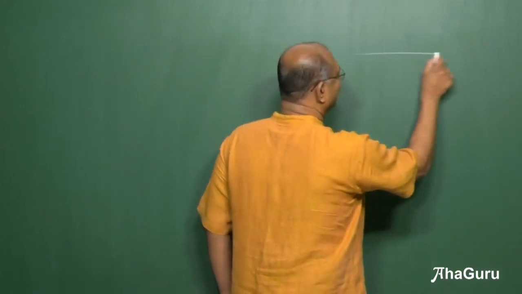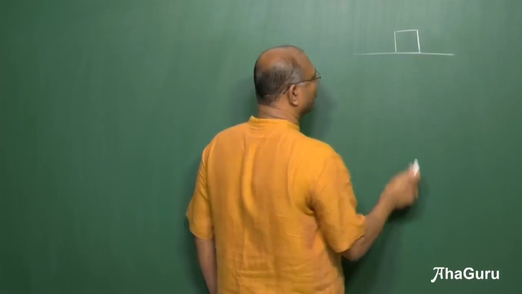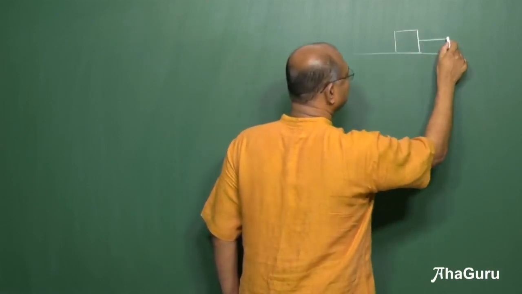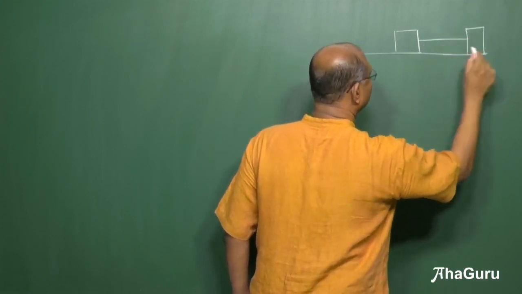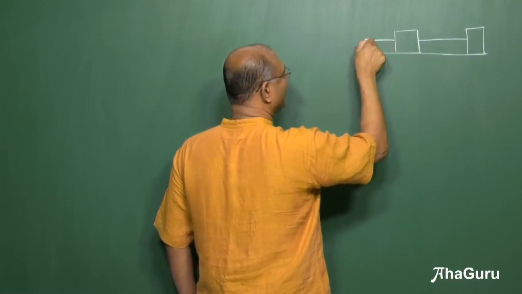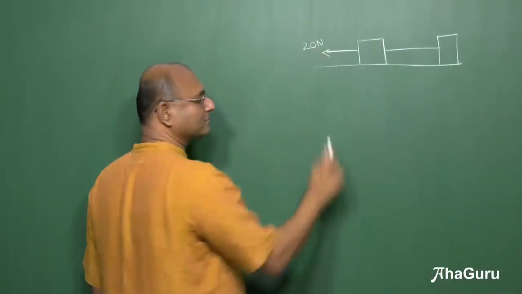Let us now look at the case where I have a block that is resting on a floor, and let us say it is connected to another block. Okay, so there are two blocks, and I am pulling it on this side with a force of, let us say, 20 newtons.